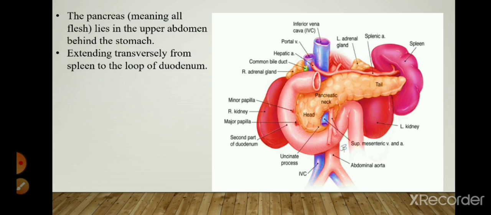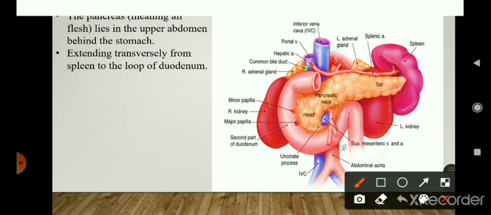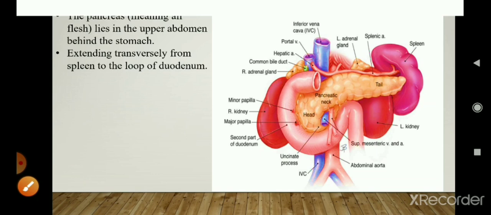First is the head region, which is broader. The middle part is the neck region, and the distal part is called the tail, which is present towards the spleen. So the pancreas lies transversely from the spleen to the loop of duodenum.